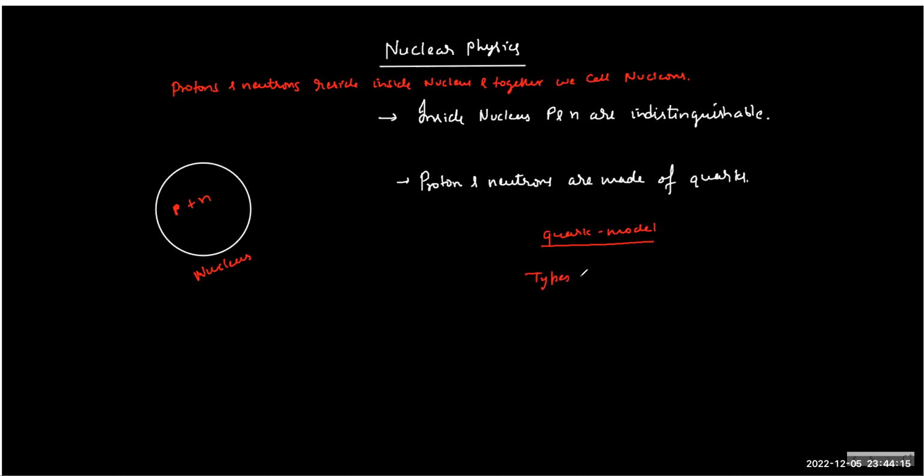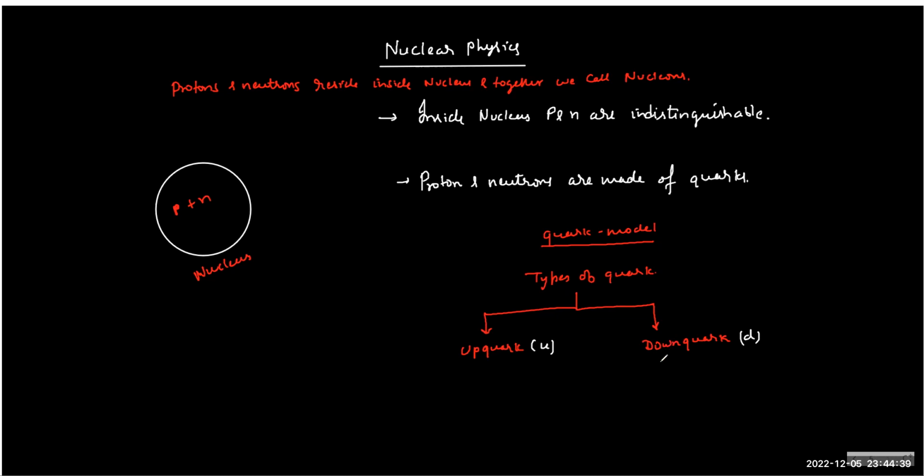There are many, but we'll consider only two types. We have the up quark and the down quark. For the up quark we use the symbol U, and for the down quark it's D.